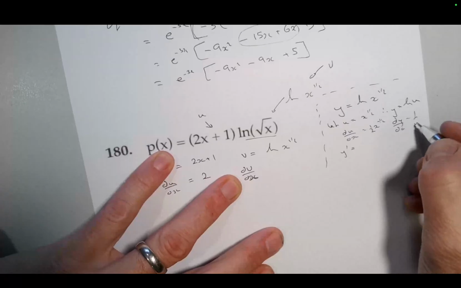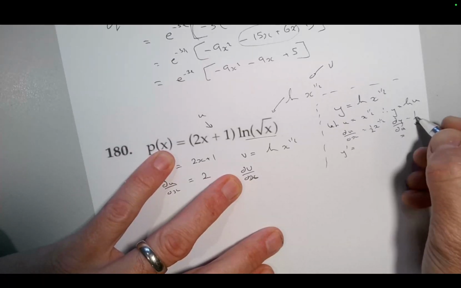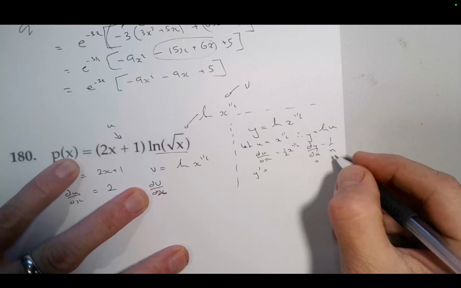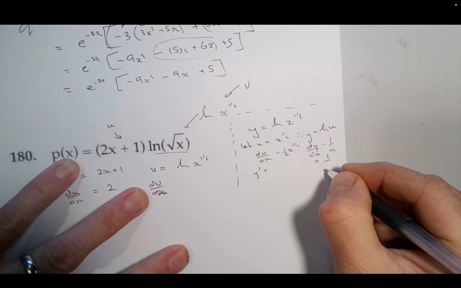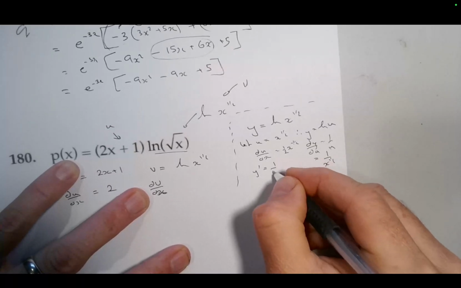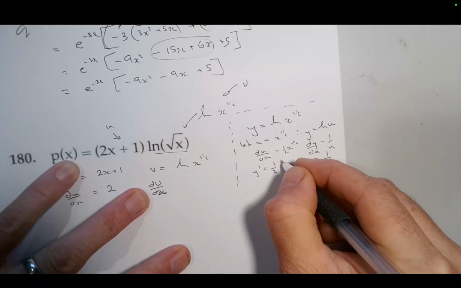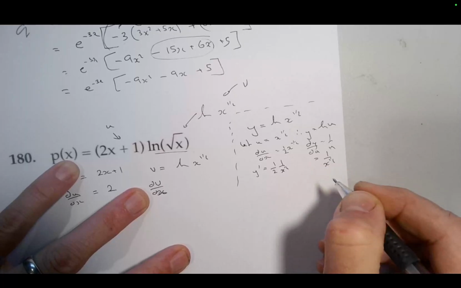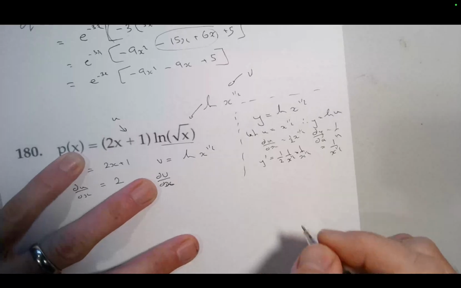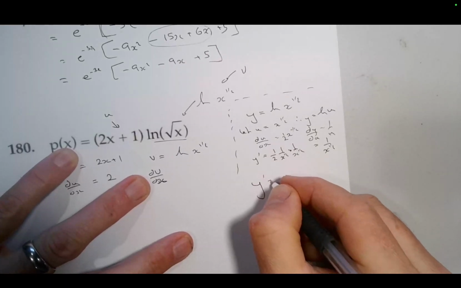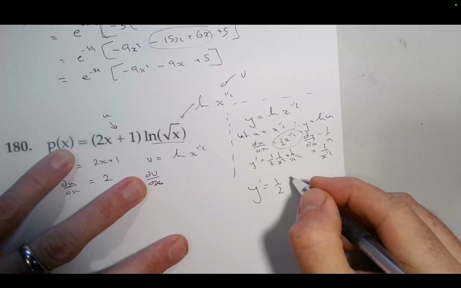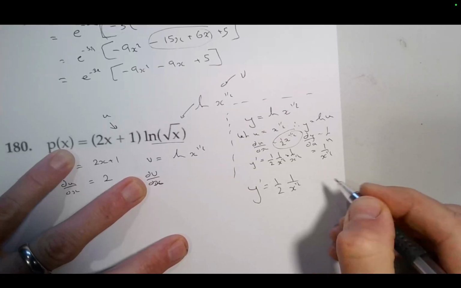Now this is getting complicated. This side here, 1 over u. What's u? u is x to the power of a half, so that is 1 over x to the half. So I've got y dash equals a half times this bit, which came to be 1 over x to the half.